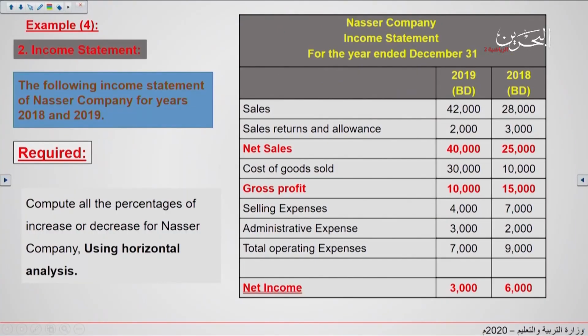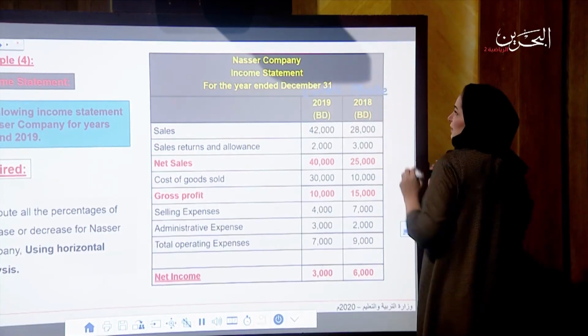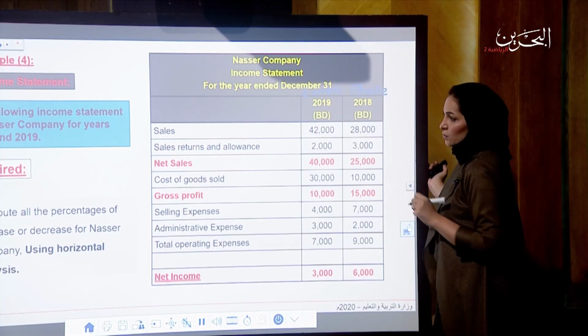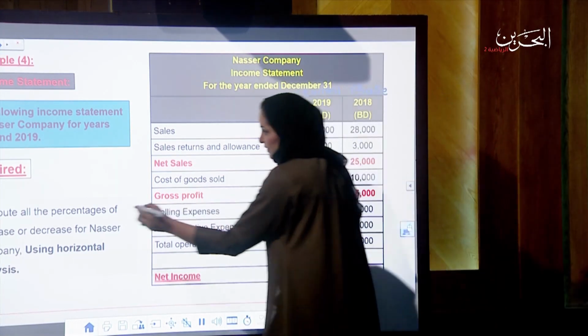Now let's move to the income statement. The same: 2019 is the current year and 2018 is the base year amount. The requirement is to compute all percentage increase or decrease.